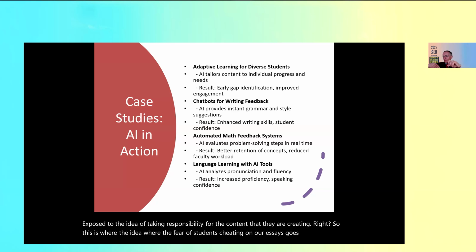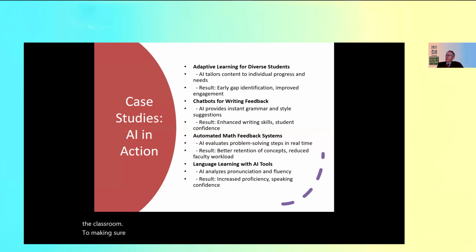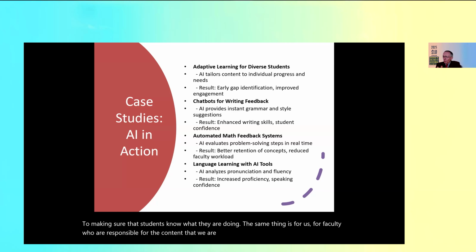Because if students realize that the content they are creating is theirs, not ChatGPT's, that moves the discussion away from the teacher as the only broker of knowledge in the classroom, to making sure that students know what they are doing. The same is true for us, faculty, who are responsible for the content we are producing, whatever it is that we say.